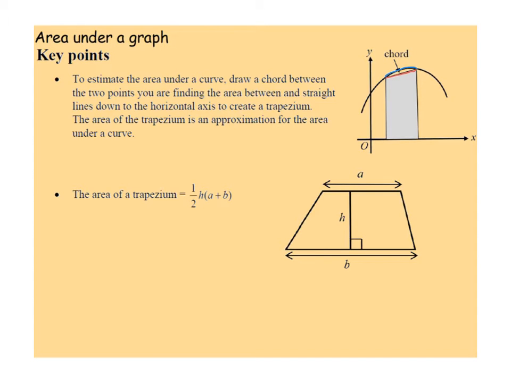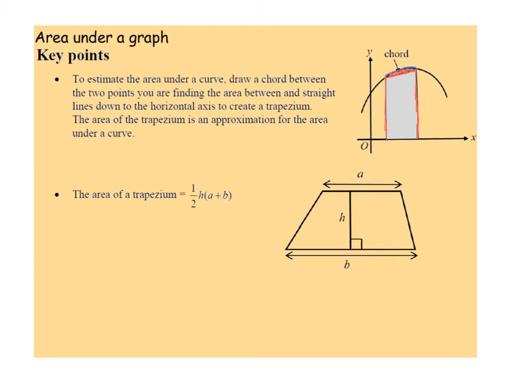And using that chord, we can then create this area here, which is ever so slightly less than the area that would be being asked for, but which would be very straightforward to work out the area of, because we know that we can find this using the area of a trapezium.